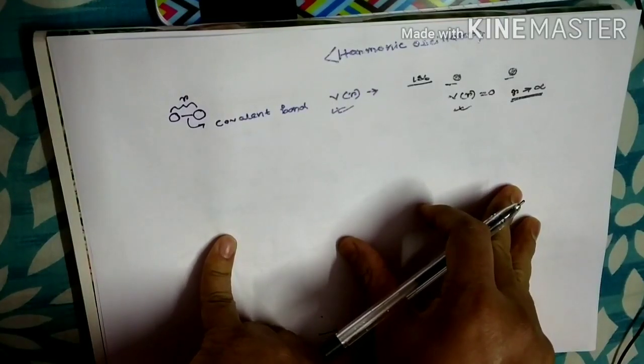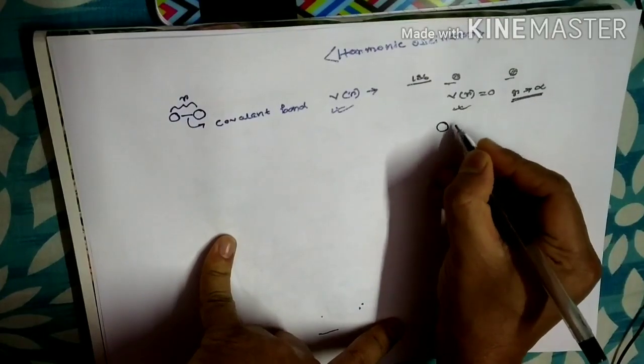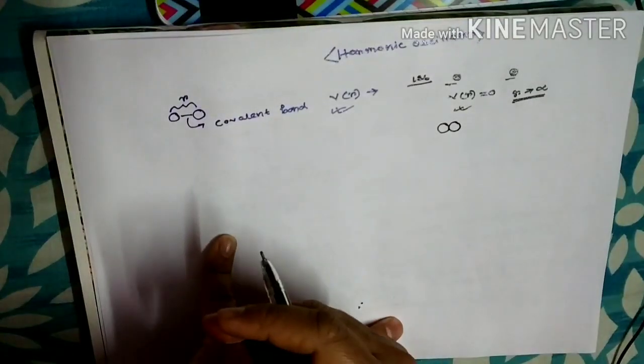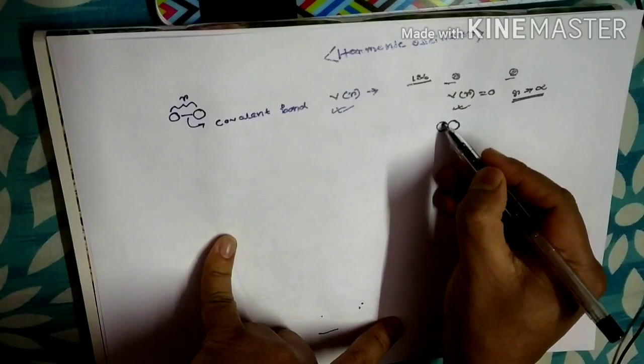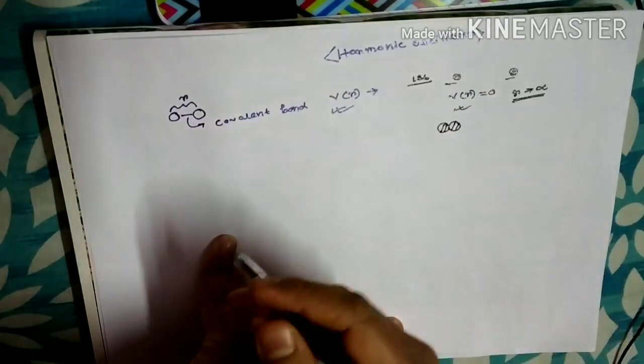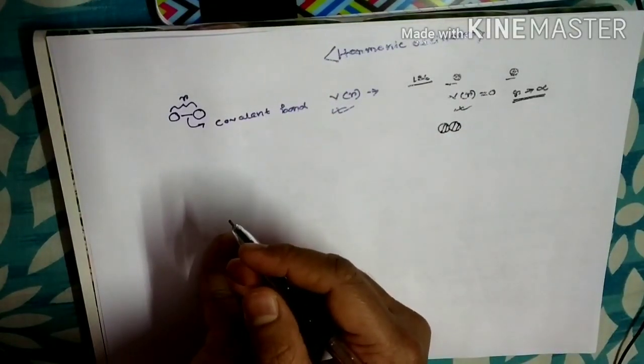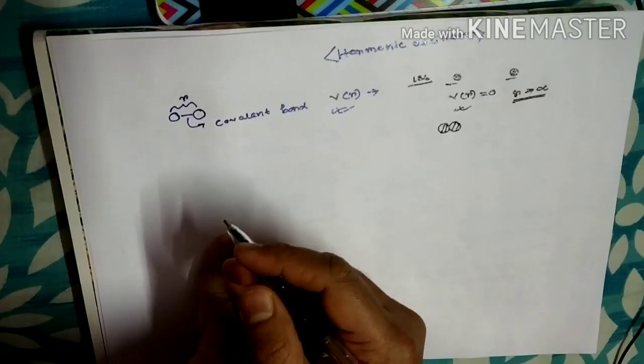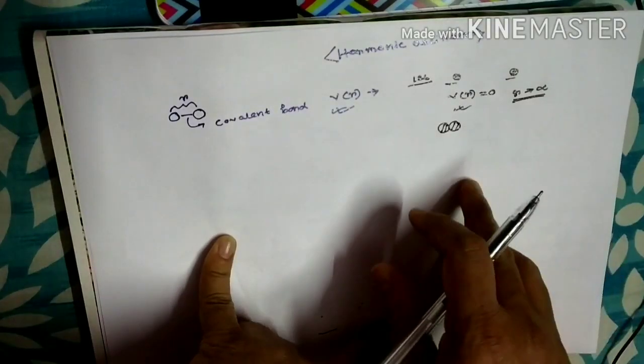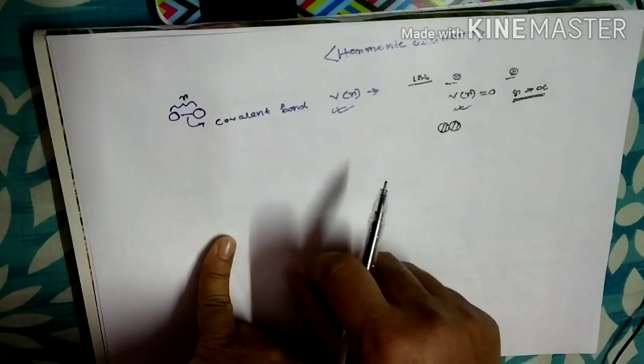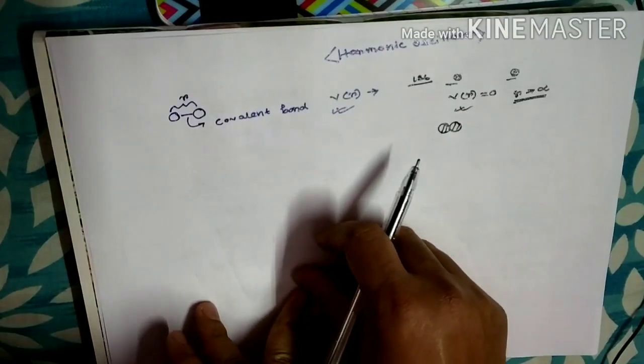On the other hand, when the atoms are too close to each other, the electron clouds of the atoms will try to penetrate each other. At that moment there will be huge electronic repulsion, so the potential energy will be very high.